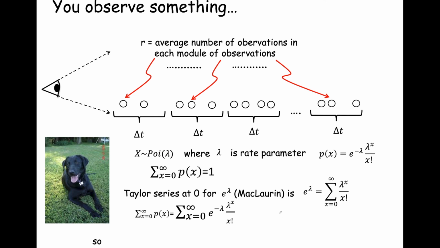If we rewrite that so it's a little bit neater, we make the observation that this e to the minus lambda does not involve the index on the summation. So for all intents and purposes, it is a constant underneath the summation, so we can factor it out. We do so, and we get e to the minus lambda times the infinite sum, x goes from 0 to infinity, lambda to the x upon x factorial.